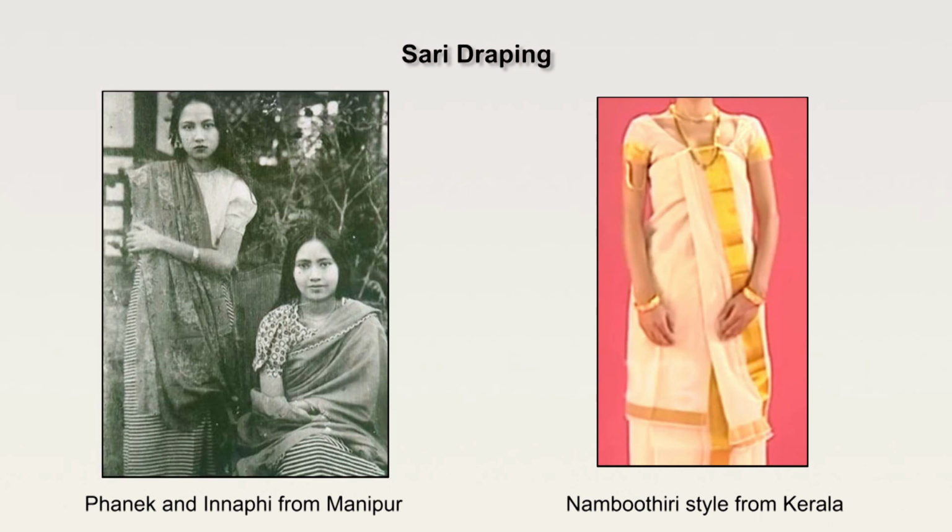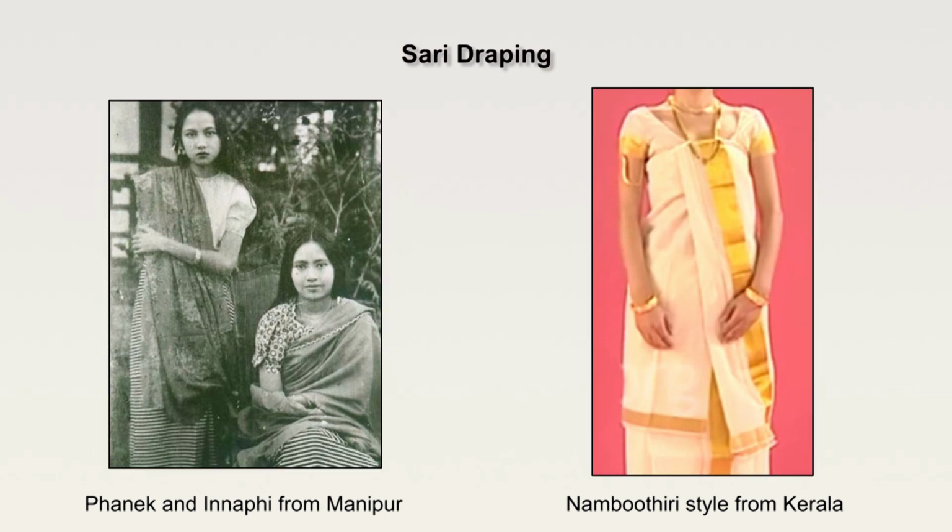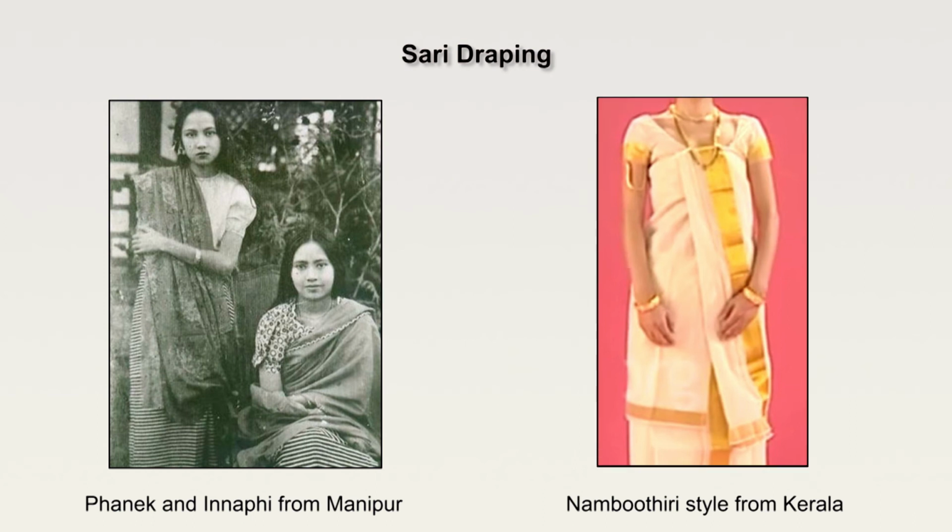On the left is a Panek and Innapi from Manipur. On the right is a Nambutri style from Kerala. You can go back to each of the images and observe how interestingly each drape style varies and is unique.